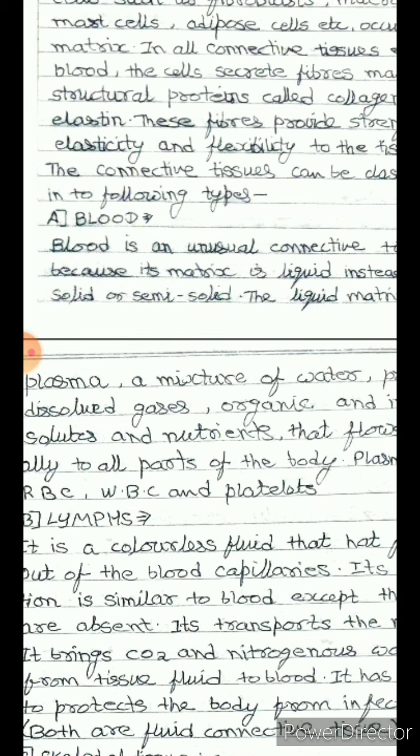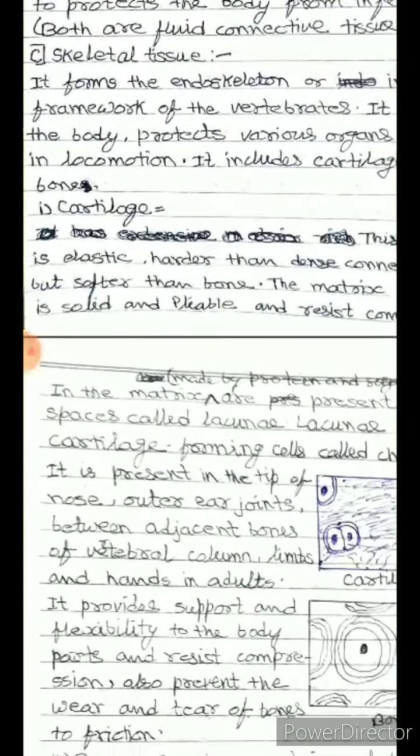This tissue fills spaces inside organs and is found between the skin and muscles, around blood vessels and nerves, and in bone marrow. It supports internal organs and helps in repair of tissue.